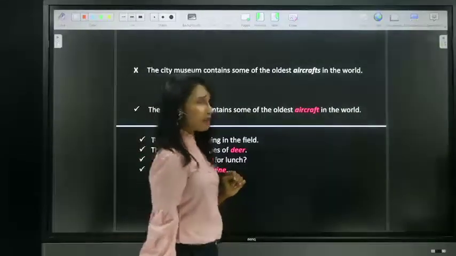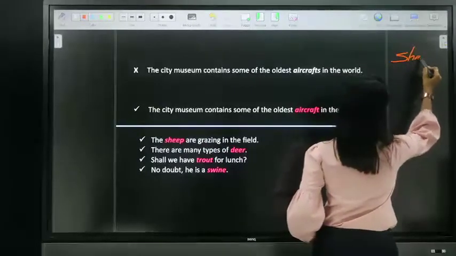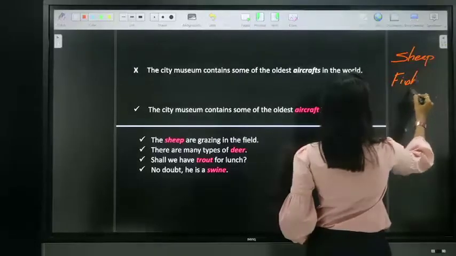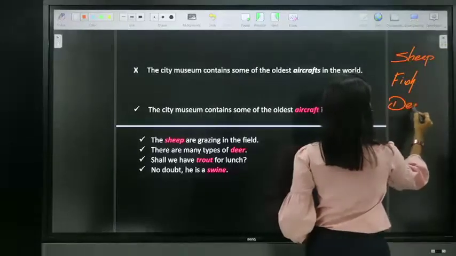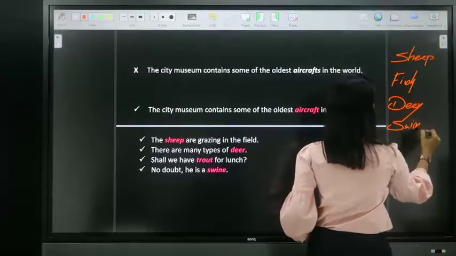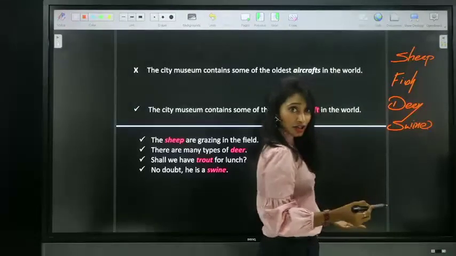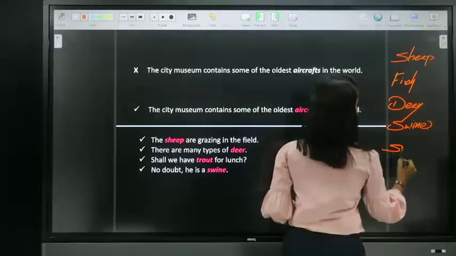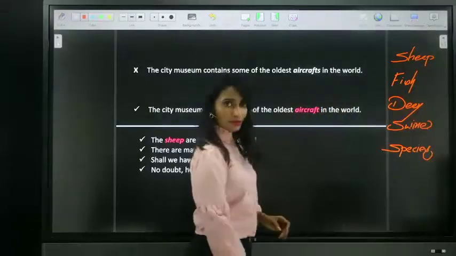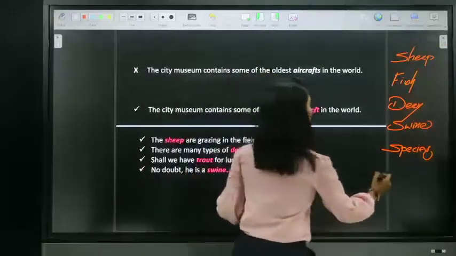Yesterday in set 12 we discussed the nouns which have the same singular and plural forms: sheep, fish, deer, swine, and units of counting like dozen, hundred, thousand, million, species, etc. To the same category, aircraft also falls.